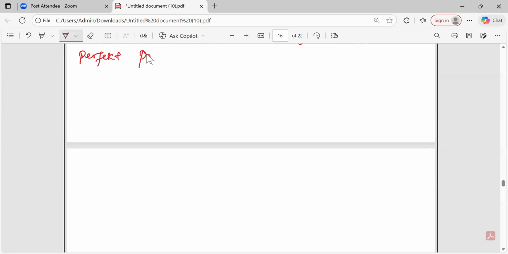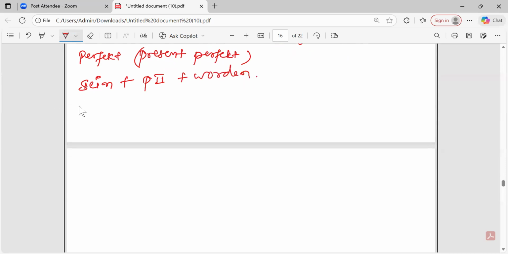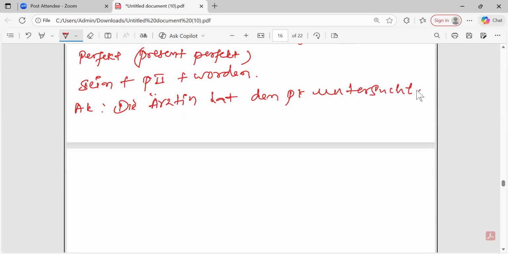The Perfekt is the present perfect. So for the present perfect, we can use the sein form, right? Sein plus participle plus worden. For the active, I write: Der Arzt hat den Patienten untersucht.